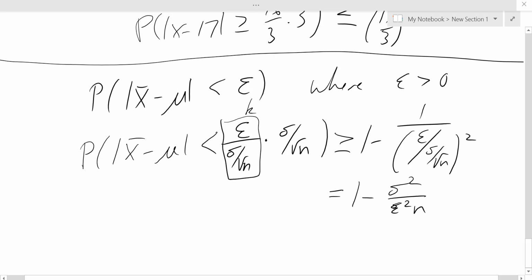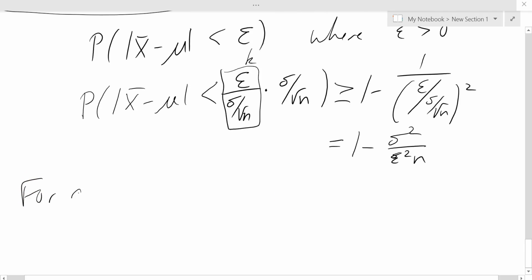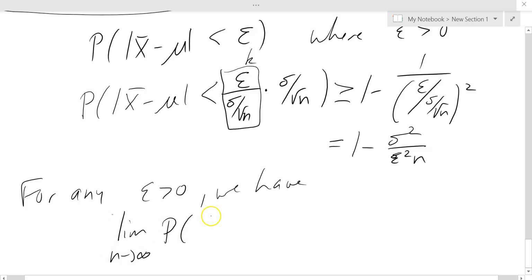Or in general, if we write it this way, for any epsilon greater than 0, we have the limit as n goes to infinity of the probability that the absolute value of x bar minus mu is less than epsilon, that limit is equal to 1 from a limit perspective.